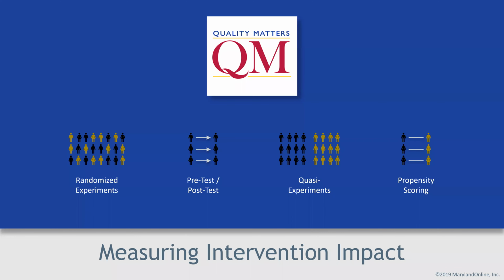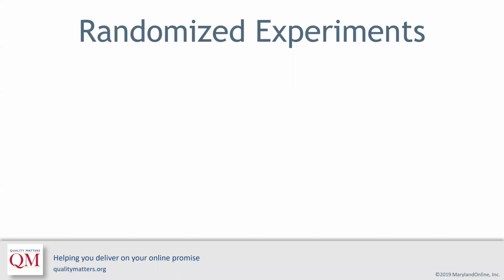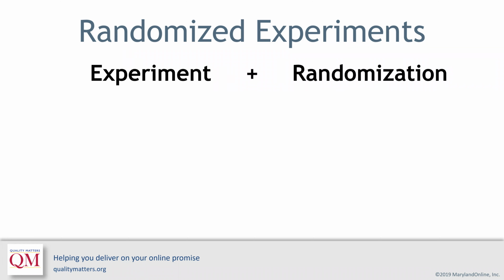Yeah. So I'll get started with randomized experiments. A randomized experiment is an experiment, which is a research study where the researchers manipulate the treatments received by the participants. A randomized experiment also has randomization.